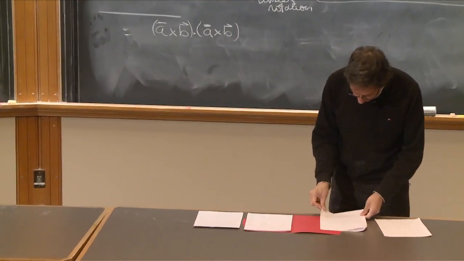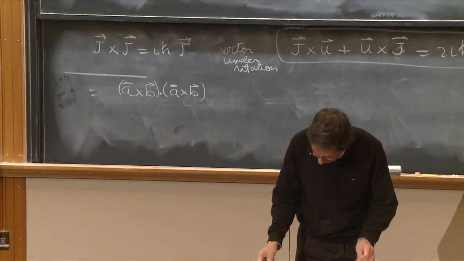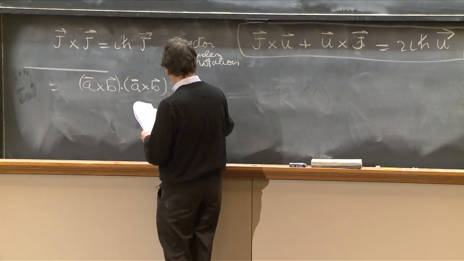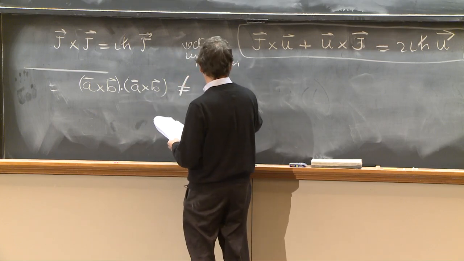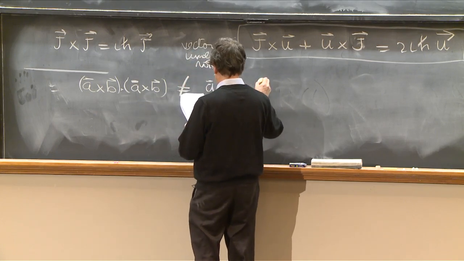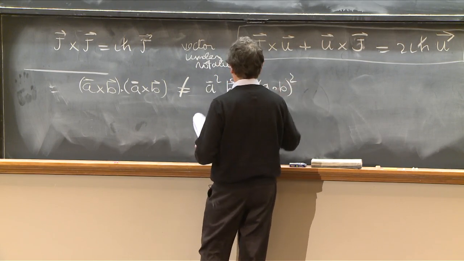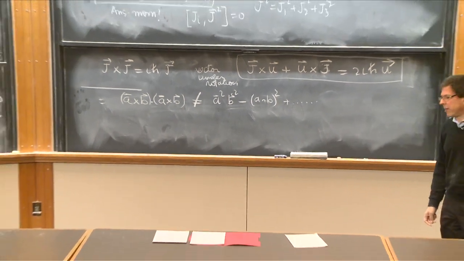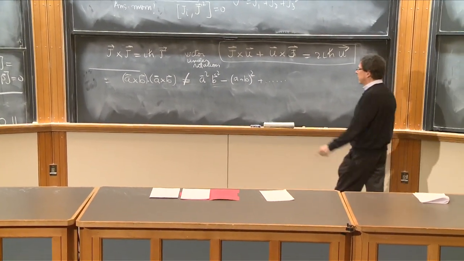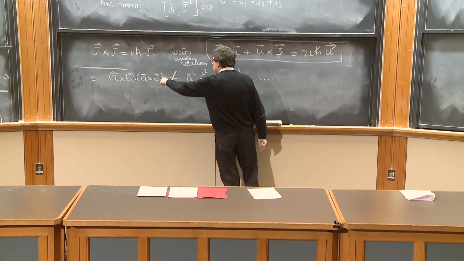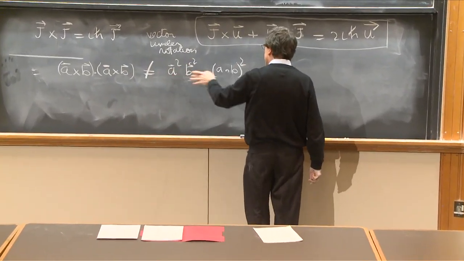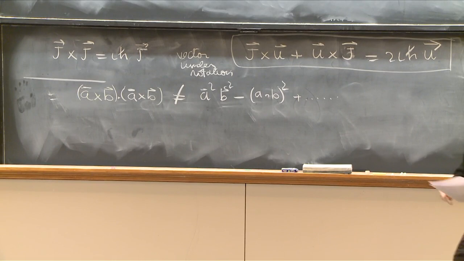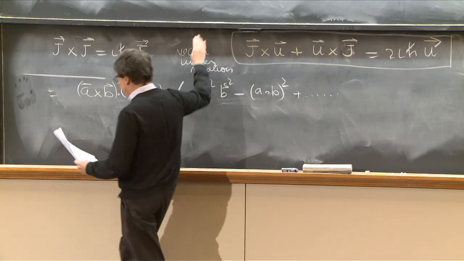Actually, it's not equal to A squared B squared minus A dot B squared, but it's actually equal to this plus dot, dot, dot, a few more things. Classically, it's just that. You put two epsilons, calculate the left-hand side, and it's just these two terms. Since there are more terms, let's look what they are for a particular case of interest.